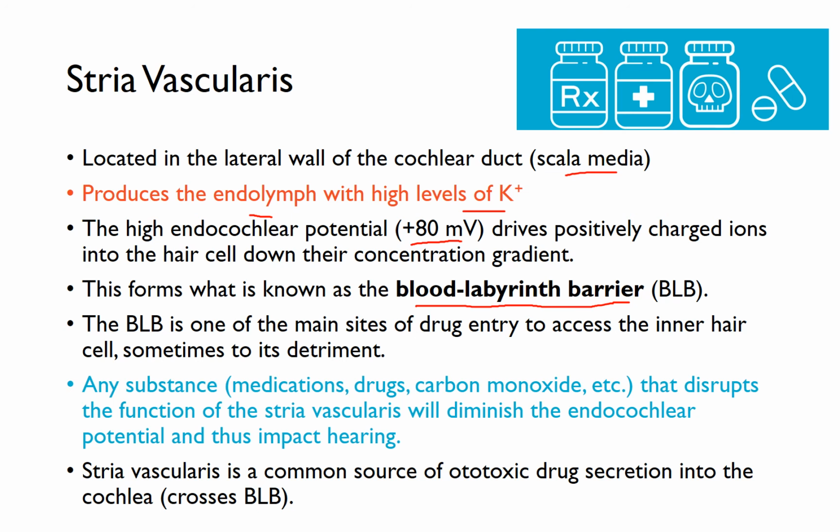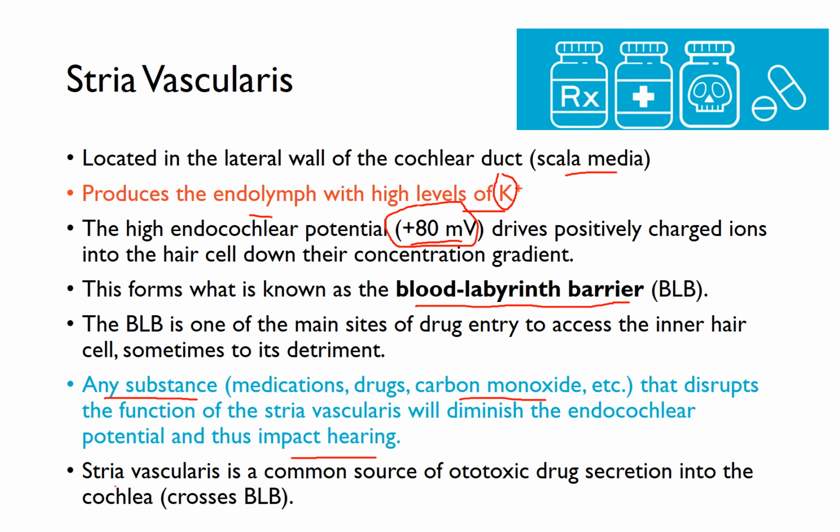And any substance, whether it is pharmacological or something else, even carbon monoxide, that disrupts the function of the stria vascularis will diminish that endocochlear potential of that high positive 80 millivolts. And if that diminishes, then that can have an impact on hearing because there's less potassium to flow down its concentration gradient at the occurrence of hair cell stereocilia deflection.